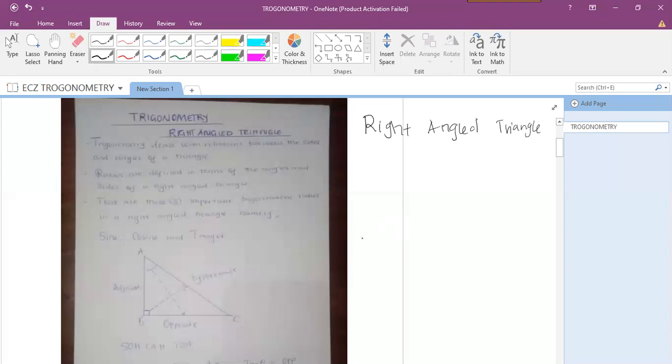So every time we're talking about trigonometry, we are looking at the relationship of certain sides of triangles in relation to their angles. How can we use the sides of the triangle and the angle inside the triangle?